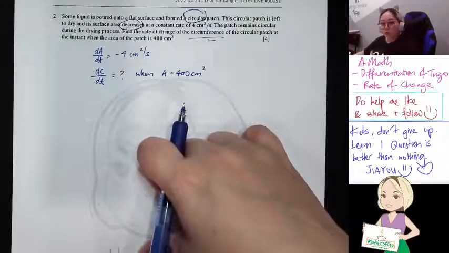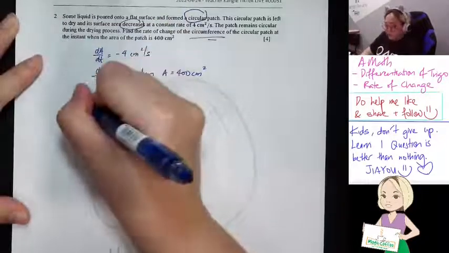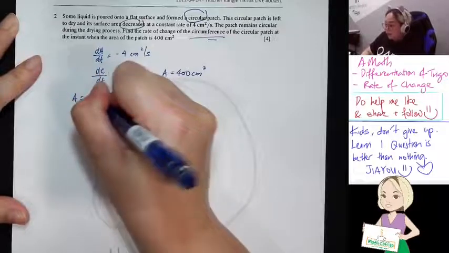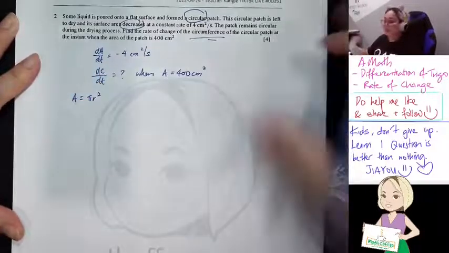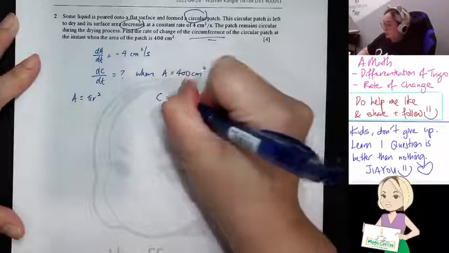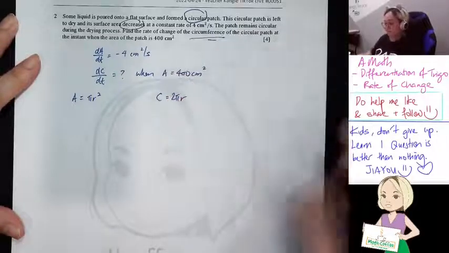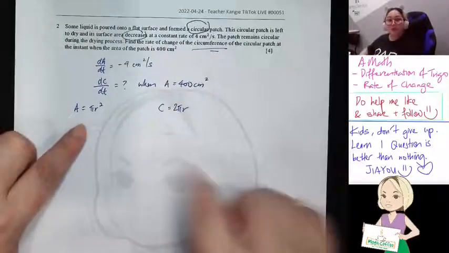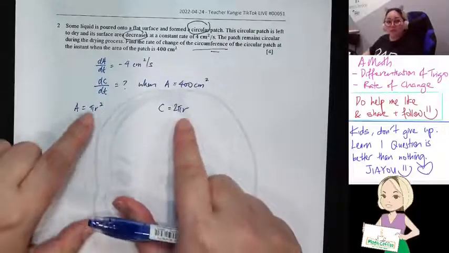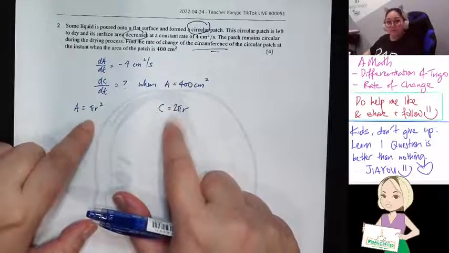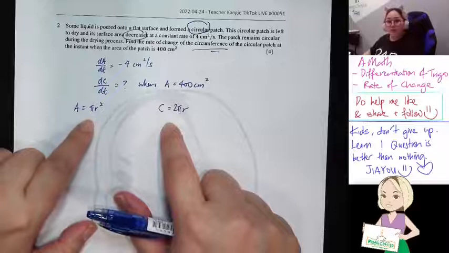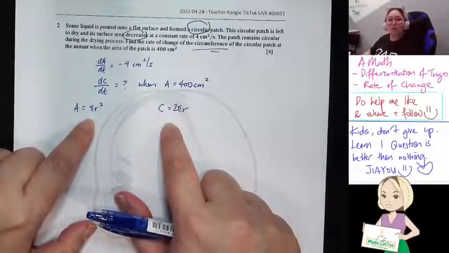So how do you do that? The trick is you go and find the formulas first. I know A is the area of a circle, pi r squared. Circumference in terms of r will be 2 pi r. So this is the trick: you list them in this way. Then what is common between them?